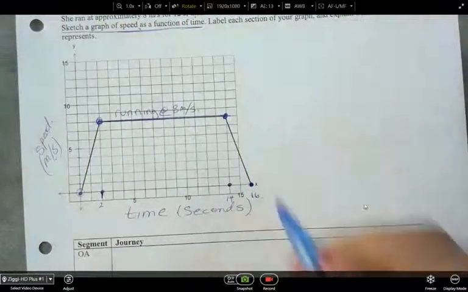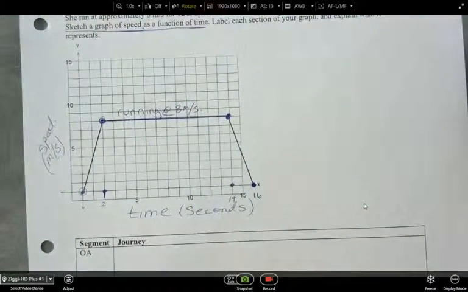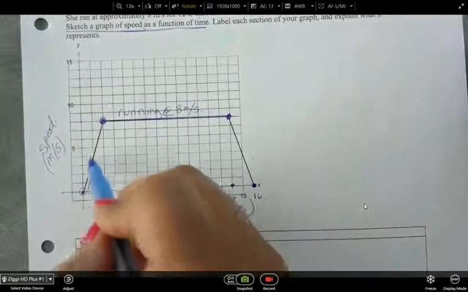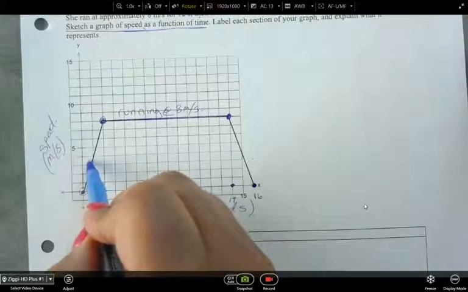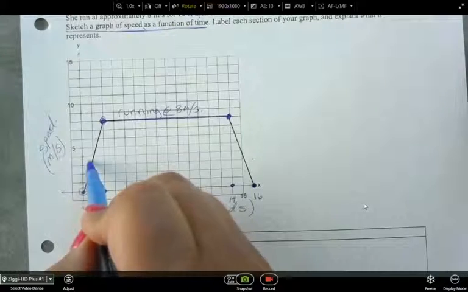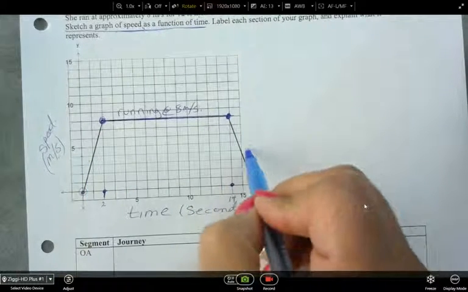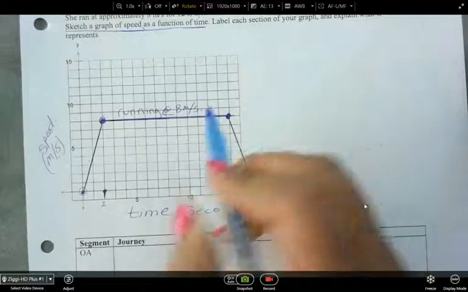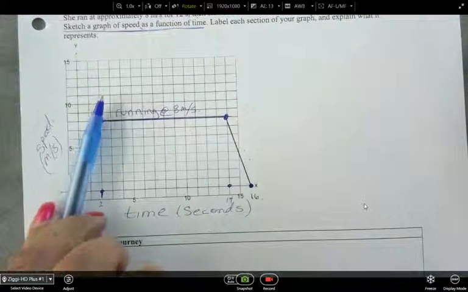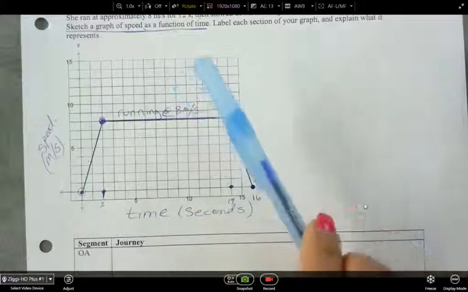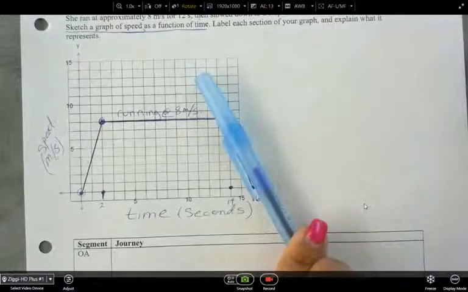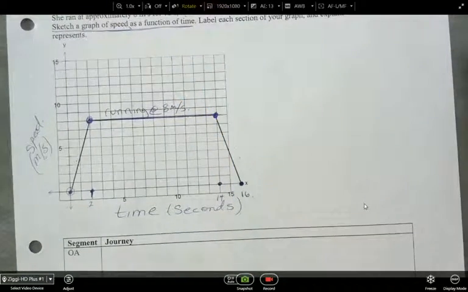So here she's slowing down. Here her speed is increasing, and here her speed is decreasing. So you notice the way the line goes up and over to the right, and here the line goes down and over to the right?